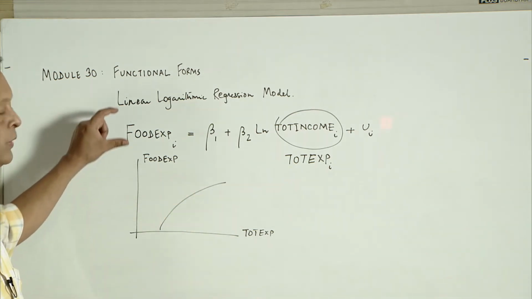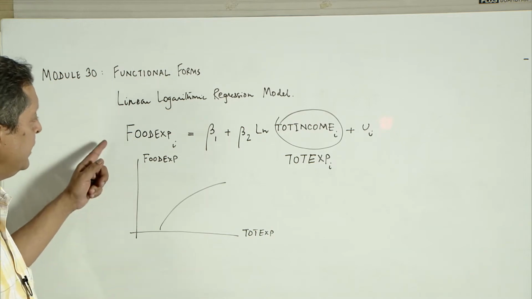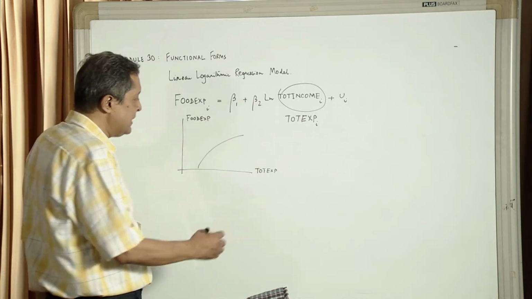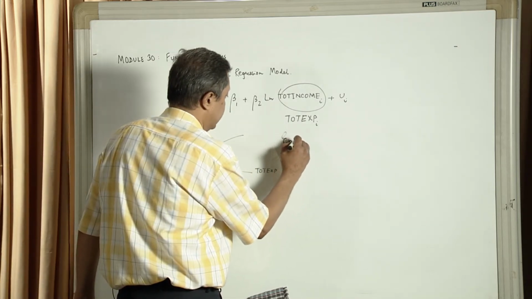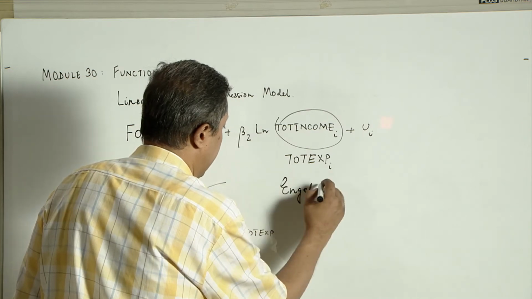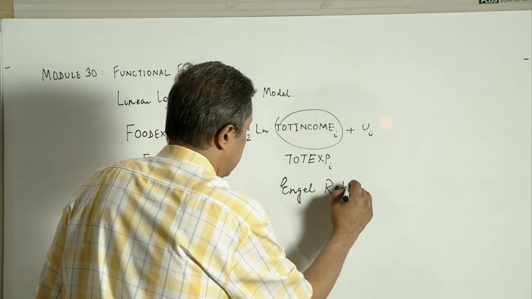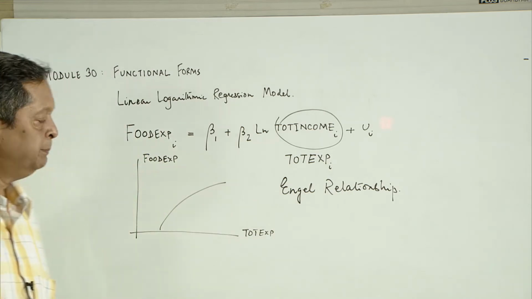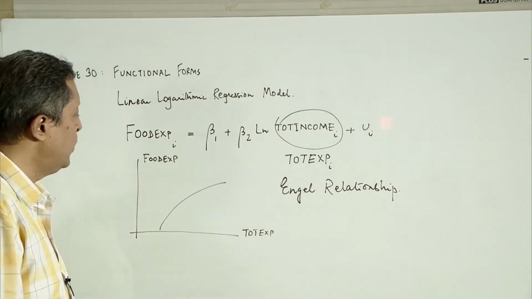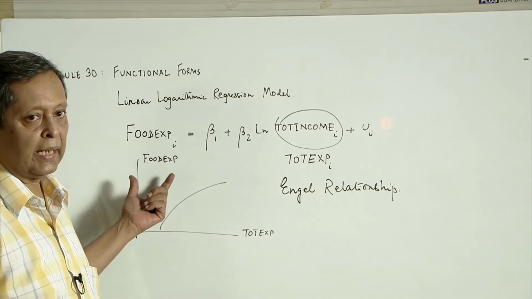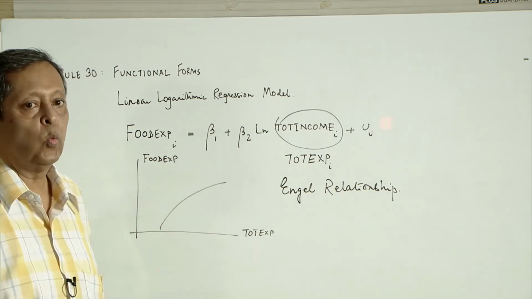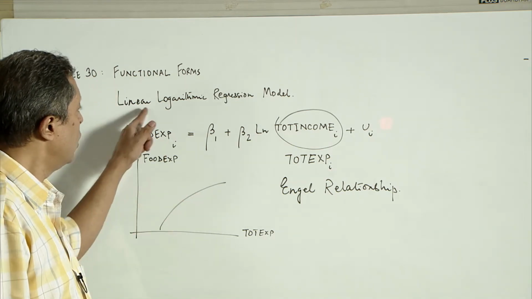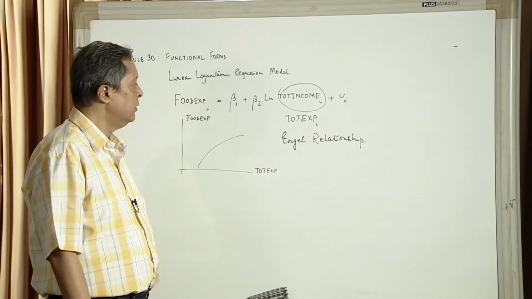However, the beauty of the classical linear regression model is that we can easily capture this with the help of the linear regression format, and this is called an Engel relation. So, Ernst Engel brought out the relation between income and various categories of expenditure. So, this is another widely used example to explain the concept of linear logarithmic models.